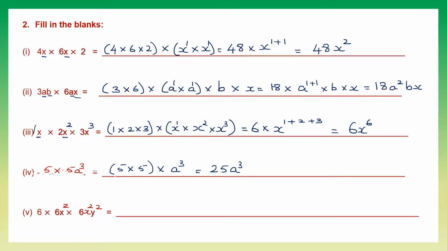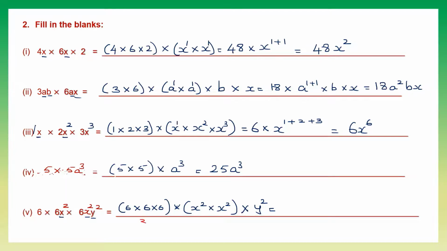Okay, so we have 6 into 6x square into 6x square y square. So only the numbers 6 into 6 into 6, and then into, we'll take the x here and x here. So that is x to the power of 2 into x to the power of 2 into, now we have only y square by itself. So we can write y square. Now this is equal to 6 6s are 36. 36 into 6.